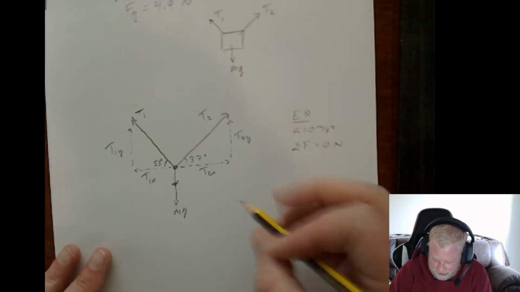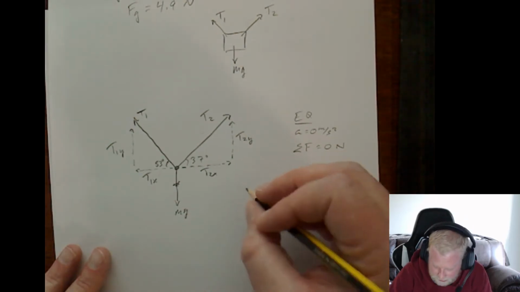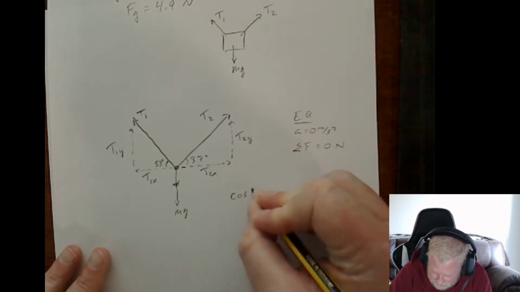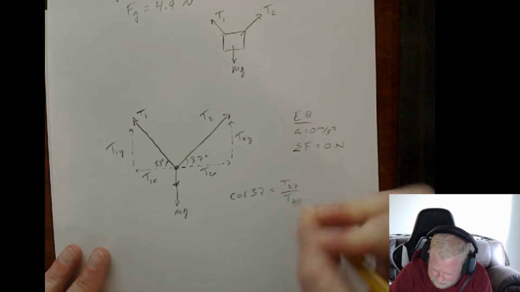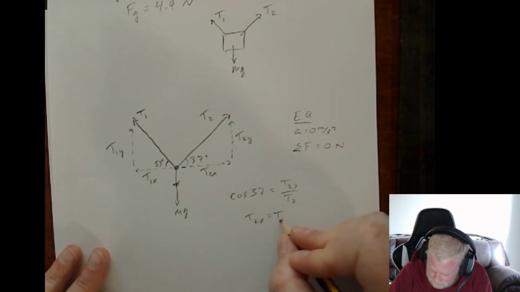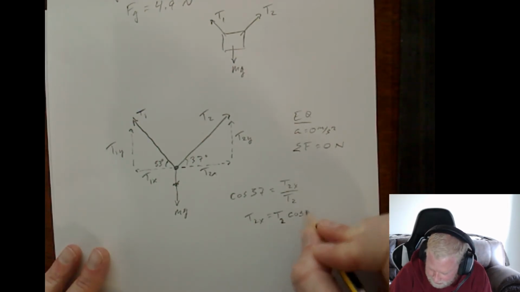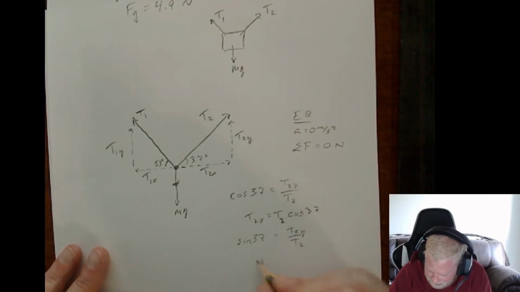So let's just look at T2 and you guys can figure out T1. The cosine of 37 is adjacent over hypotenuse. So T2x can be written as T2 cosine 37. Likewise, sine of 37 is equal to T2y opposite over T2 hypotenuse. So T2y can be expressed as T2 times the sine of 37.